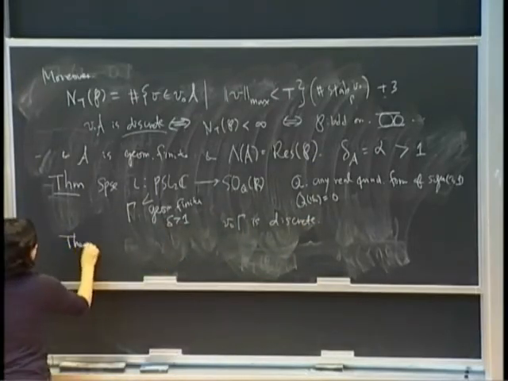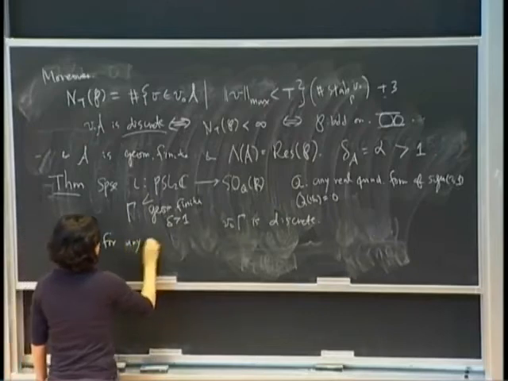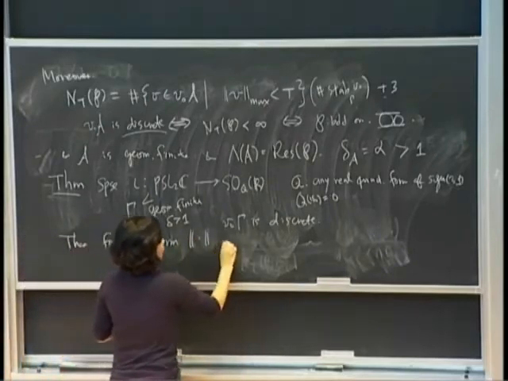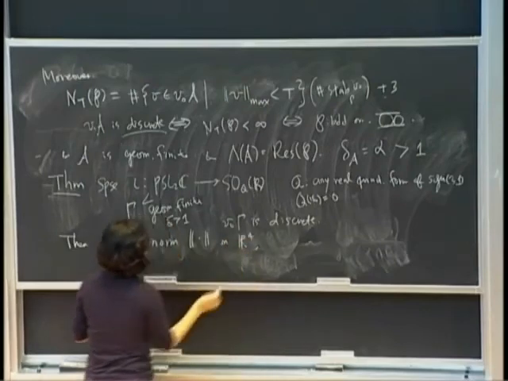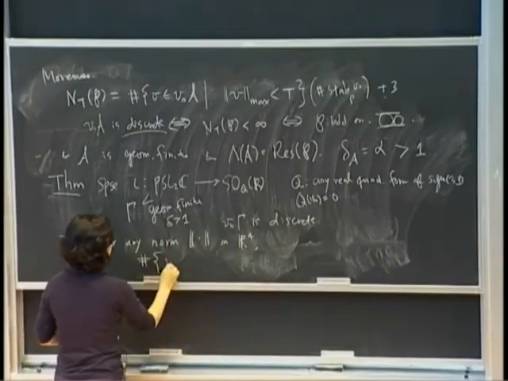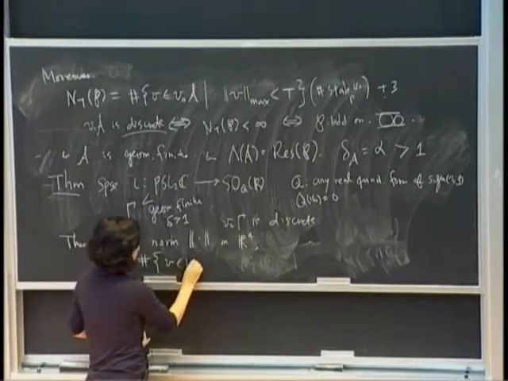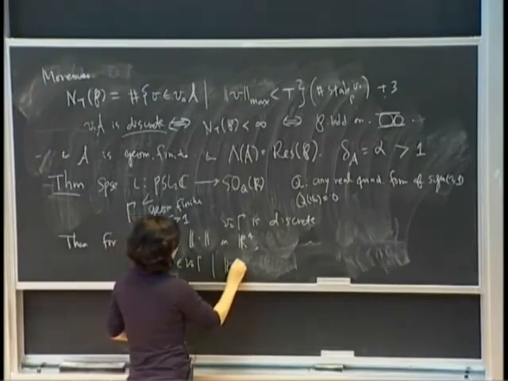Then for any norm on R4, we can count the number of vectors in this orbit, V naught gamma, of norm less than, say, t.